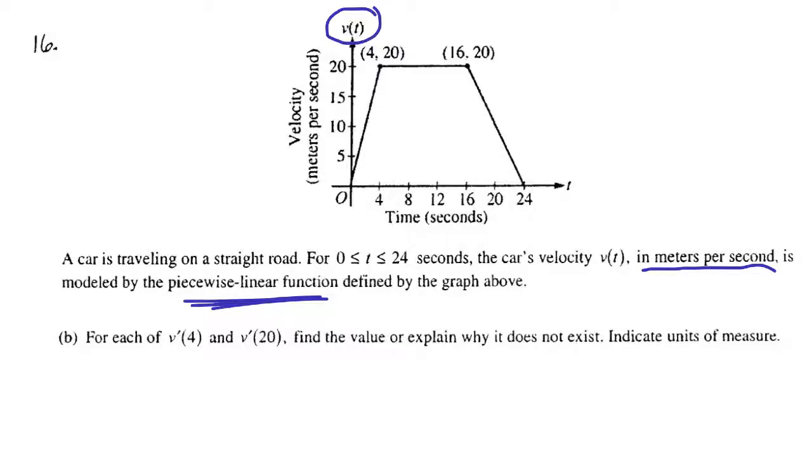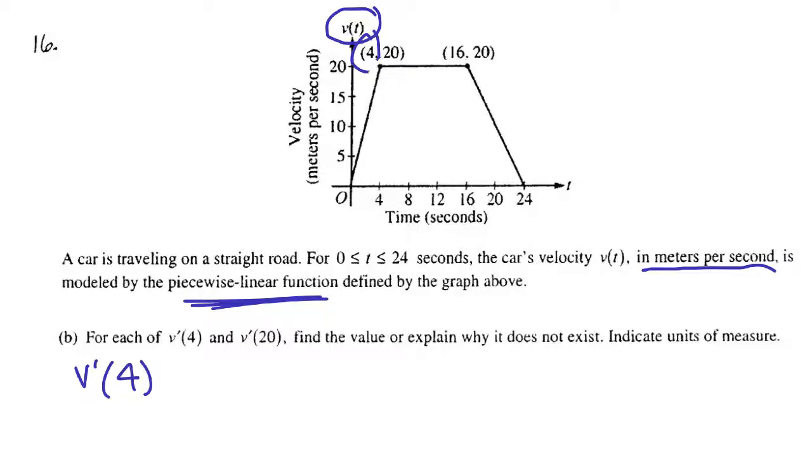So let's see, v prime at 4. Let's go look and see. Notice what's going on graphically with this. We have a sharp point here. So at v prime at 4, if we have a sharp point, then we know we are not differentiable there.